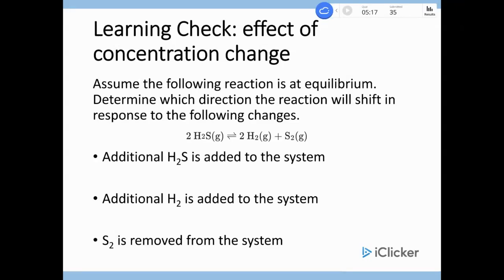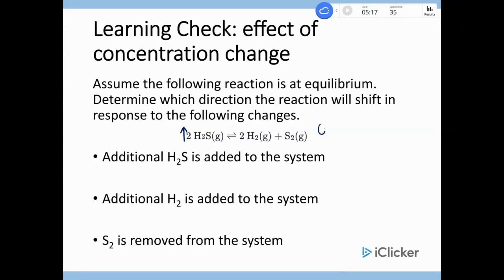Okay, so we have a system at equilibrium. If additional H2S is added to the system, H2S is a reactant. So if we increase the concentration of a reactant, there are more reactants that will react and produce products. So the reaction will accommodate that change, increasing reactant concentration, by using up that reactant and producing more product.